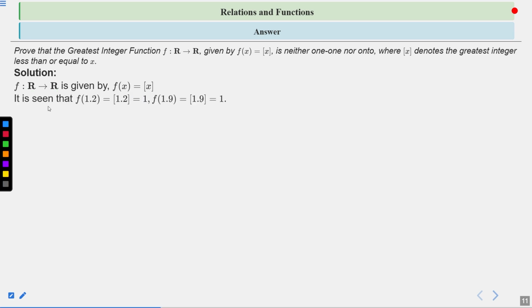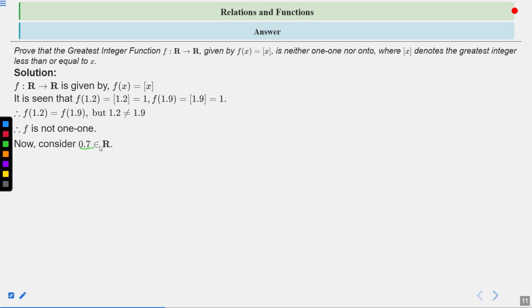It is easy to see, for input 1.2 the output is 1, for input 1.9 the output is the same 1. So for two distinct inputs we are having the same output. So not 1-1. Therefore f is not 1-1.